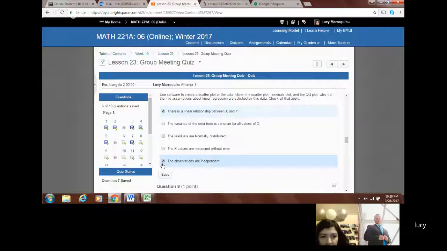It's not the error one. It's not the middle one. Variance of the error term is constant for all values of x. I don't think it's that one either.